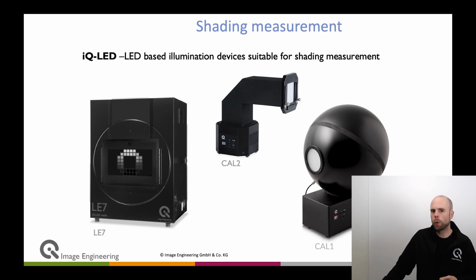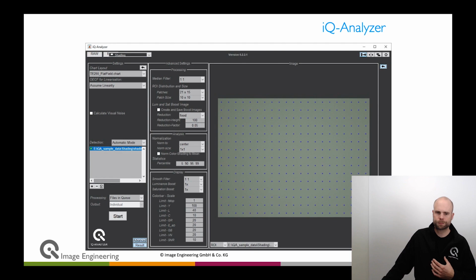Then we have the CAL1 or CAL2, also specifically designed with the IQLED technology to provide a very uniform flat field. The CAL1 has slightly higher uniformity, while the CAL2 is smaller in form factor. That depends a little on the constraints that you have on your production line about which device fits best for your needs.